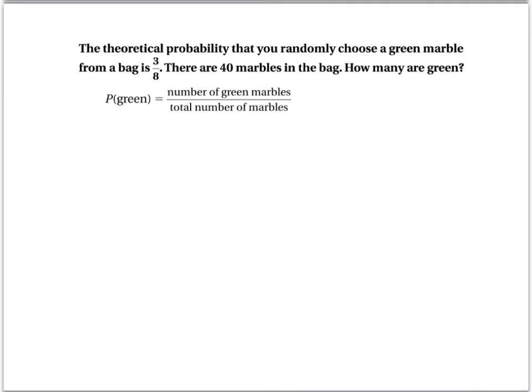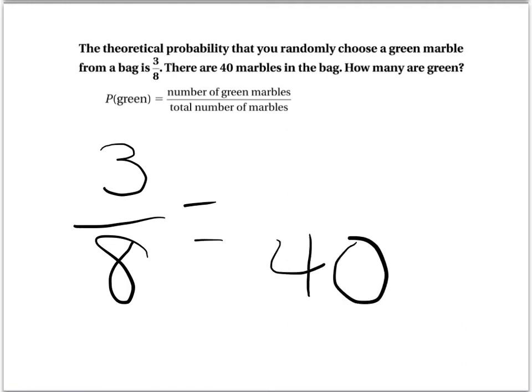Next thing, it says the theoretical probability that you randomly choose a green marble from a bag is 3/8. There are 40 marbles in the bag. How many are green? Well, they're telling us the probability is 3/8, and there's 40 in the bag. We've done this a lot. Create a proportion, where we're trying to solve for the number of greens in the bag.